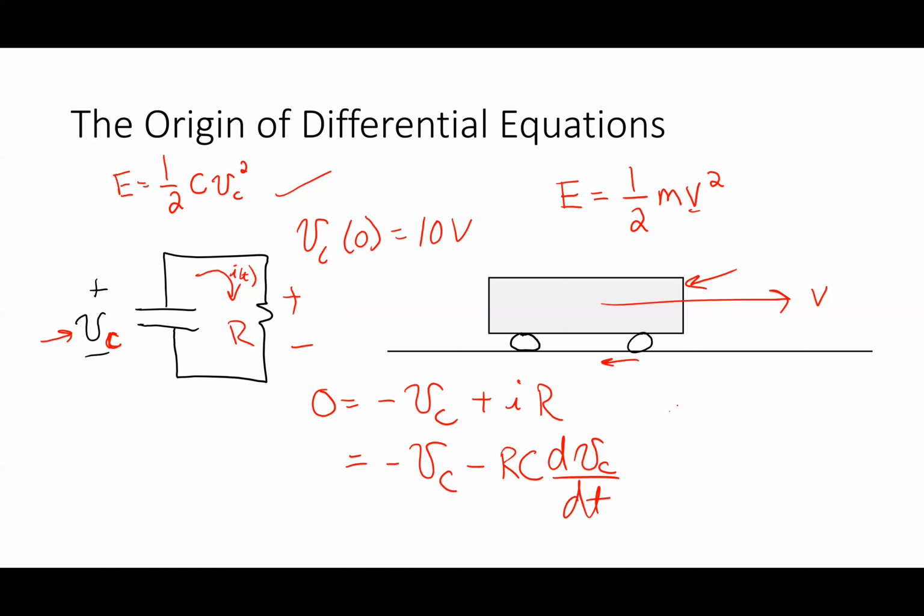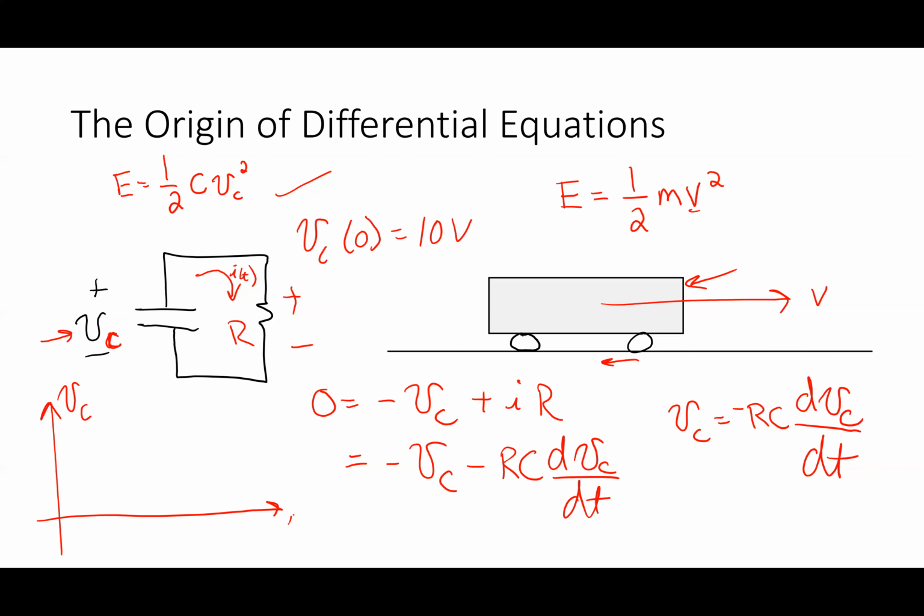So that means that in this circuit, V sub C is negative RC dVc dt. Okay. In words, what does that mean? What does that tell me about the voltage on the capacitor in this setup? What's it mean about that?